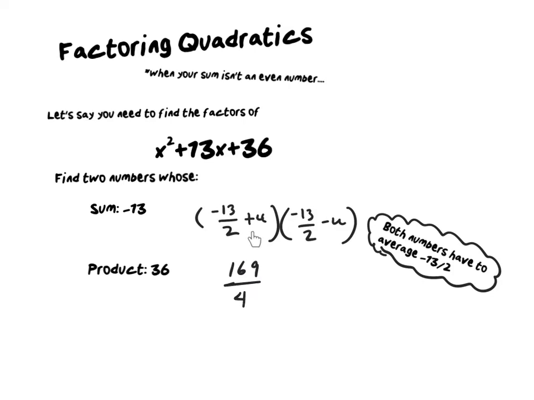And I also have to multiply u times negative u, and that gives me a product of negative u to the second power. And we set this equal to 36.